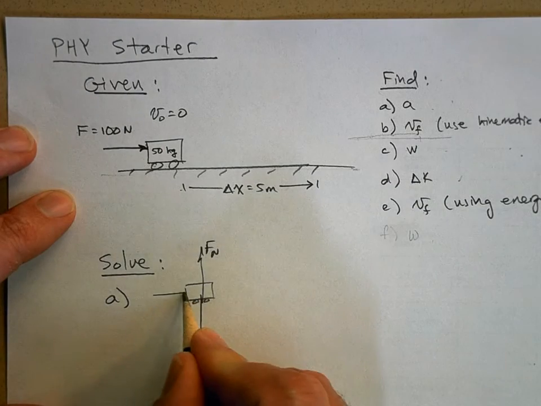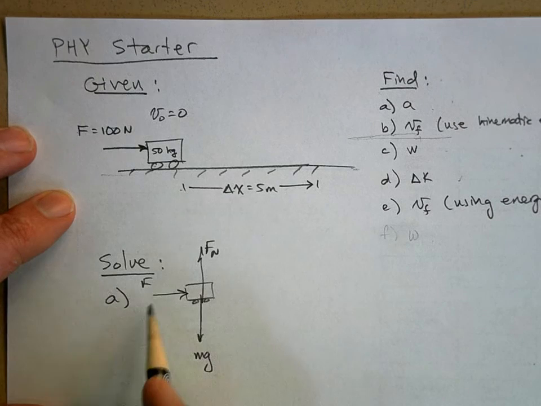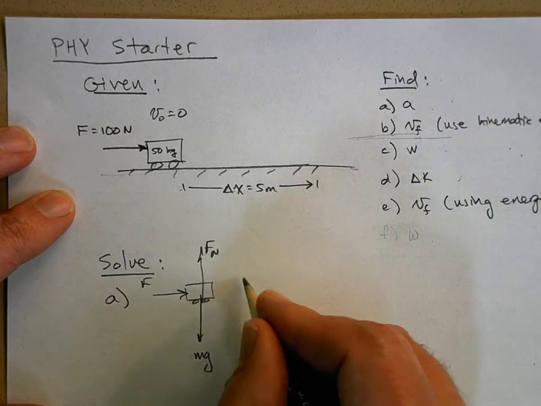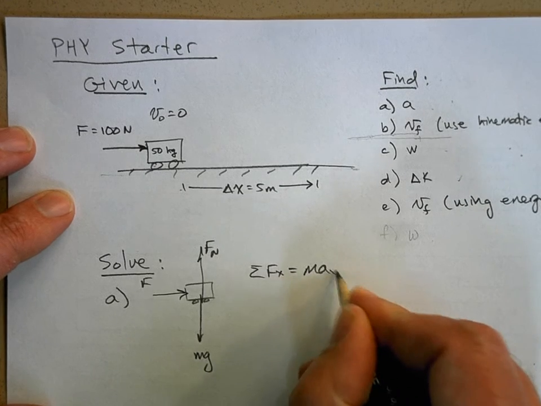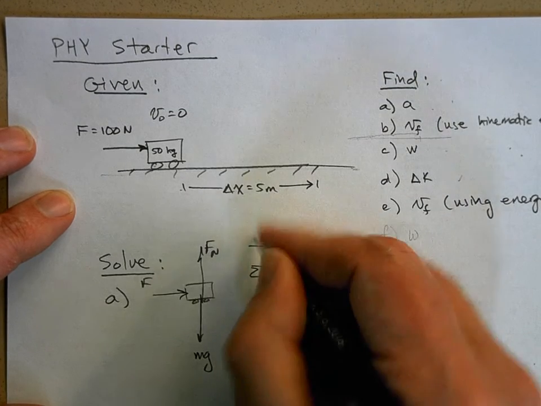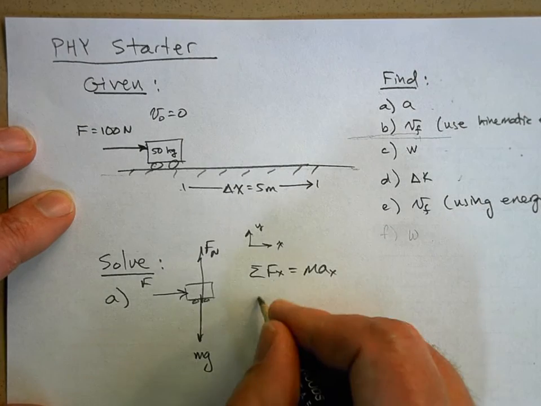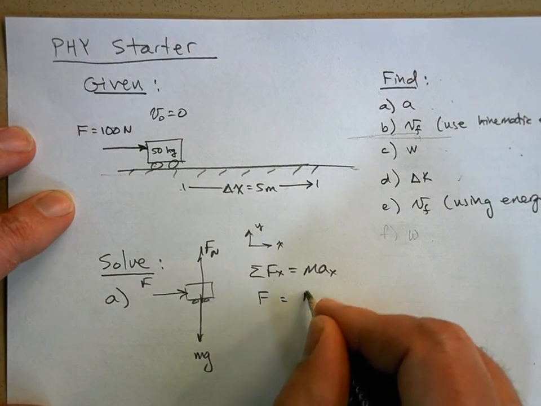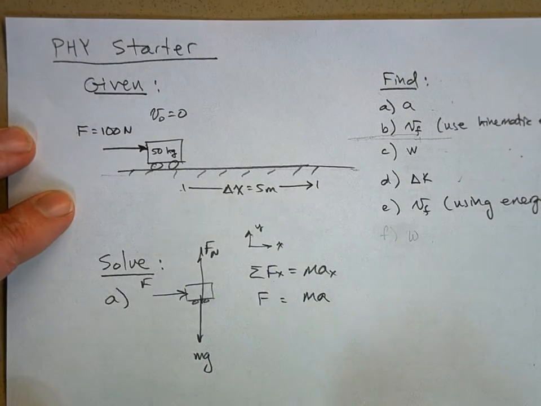We have this pushing force, this applied force, that is the net force. If I sum the forces in the x direction equals ma in the x direction, we'll call this x and this y, well, then there's only one force in the x direction, and that's F equals ma. And most of you probably started there, but I'm just being super rigorous.